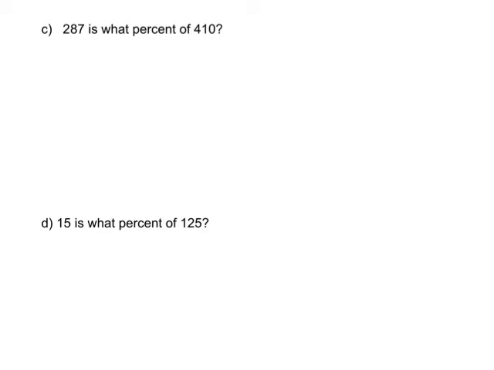287 is what percent of 410? So 287 equals, because is tells me equals, what percent, and I don't know what that percent is, of 410. And then I'm just going to solve for my variable. So to do that, I would have to divide by 410 on both sides.